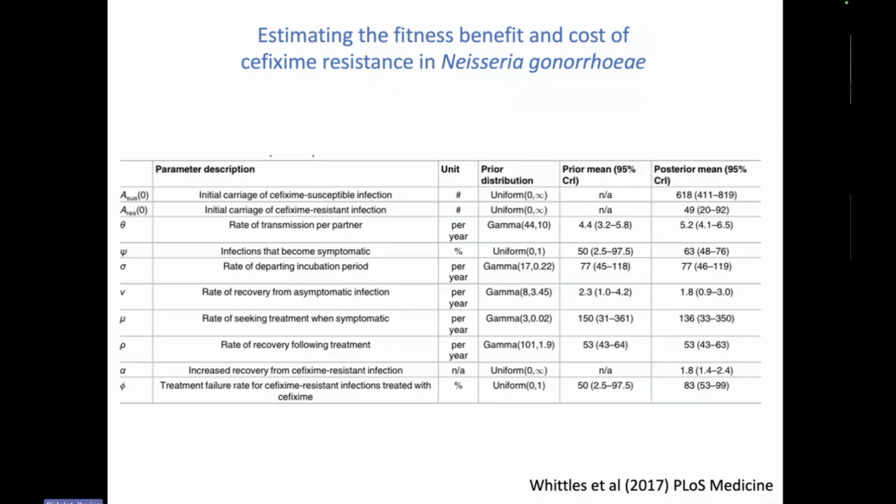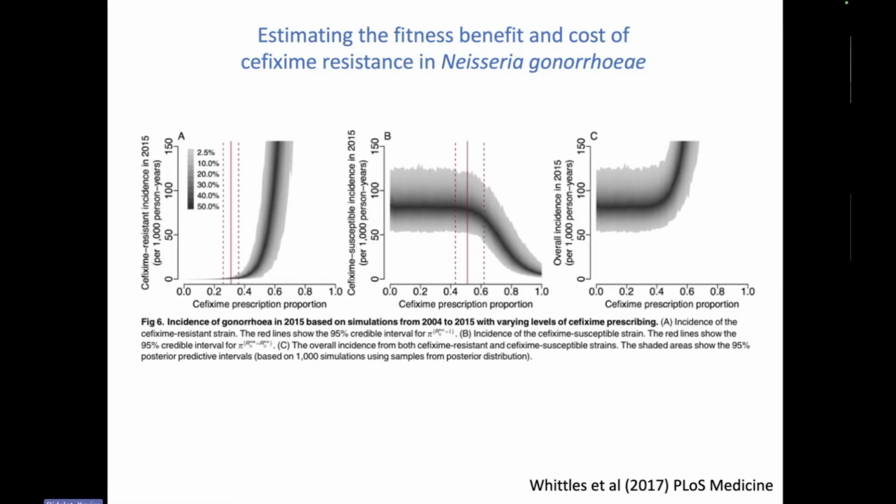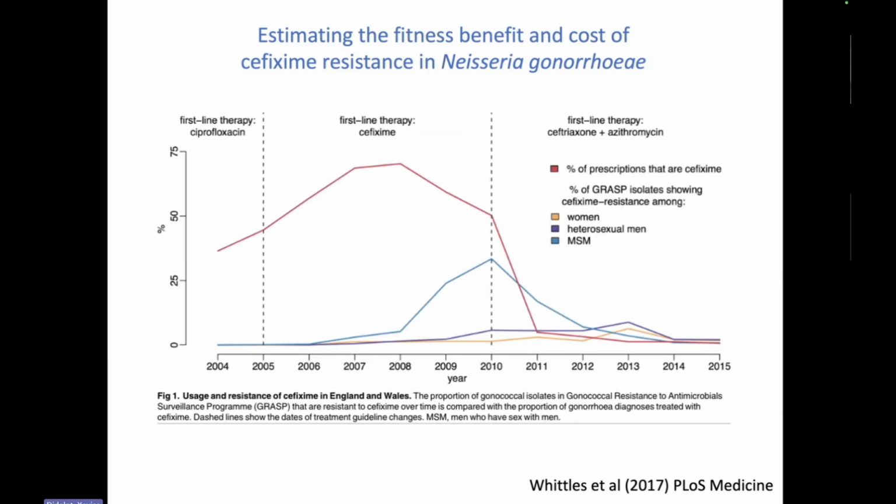So meaning that the cefixime resistant strain is not going to be cured if you prescribe cefixime almost all the time. So having estimated those different parameters from the data, now we can make predictions about what would happen in the future if we started to use cefixime again. Because cefixime resistance, as I was showing you in the data, went down dramatically after we stopped using cefixime. But now, since we are so short of options for treating gonorrhea, we had decided that maybe we could start using cefixime again since the resistance is so low.